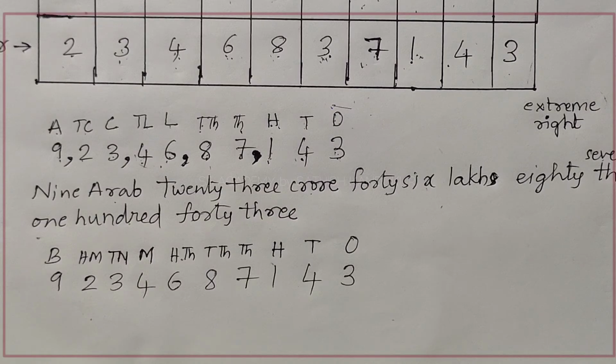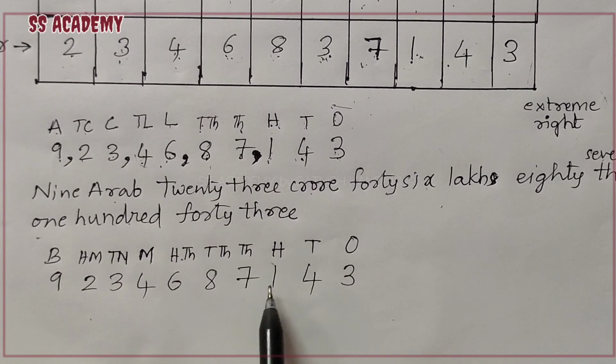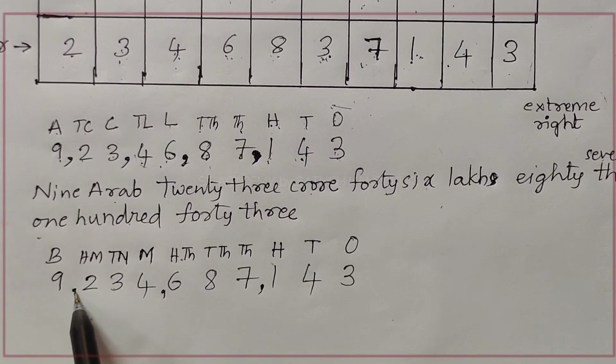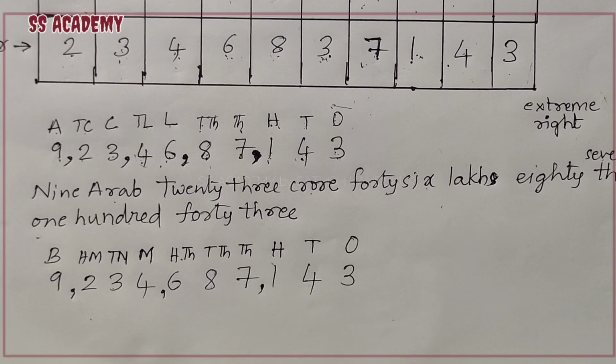But in the international number system, you have to place a comma as a separator after every 3 digits. So let's give separators in the second step. After every 3 digits: 1, 2, 3, put a comma here. 1, 2, 3, again another comma. 1, 2, 3, again another comma. The second step is done.